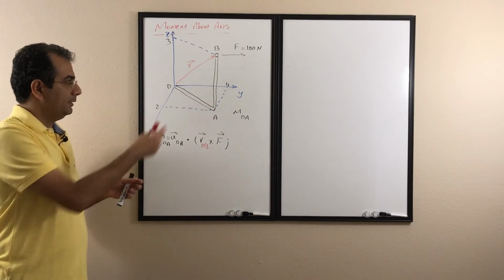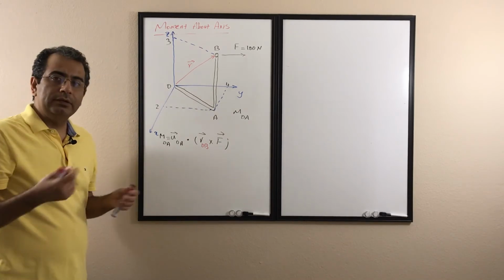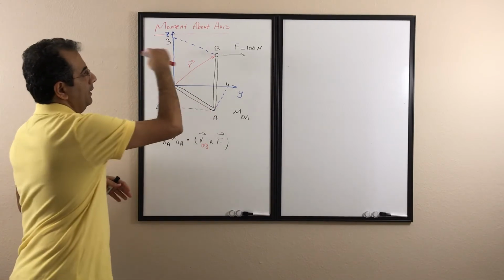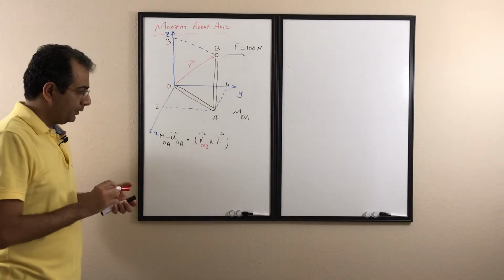Here I take the OB, you can take the AB as well, or any other position vector that starts from the OA axis and ends on the line of action of the force.